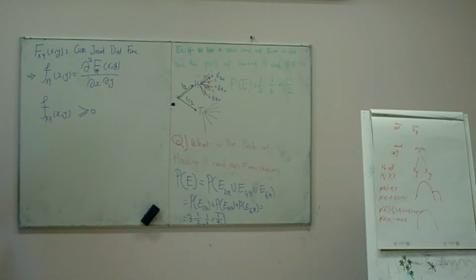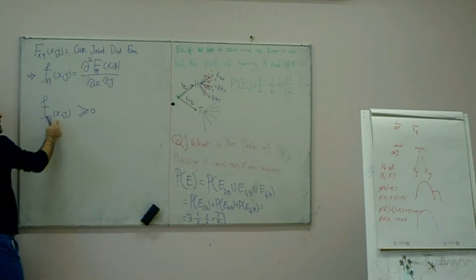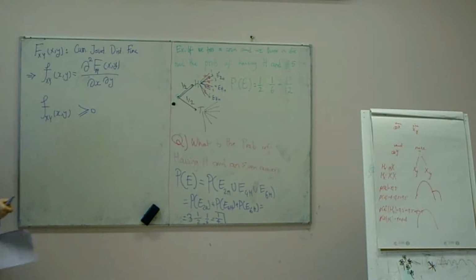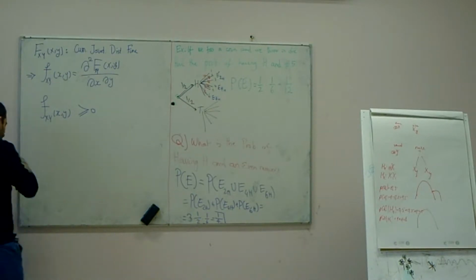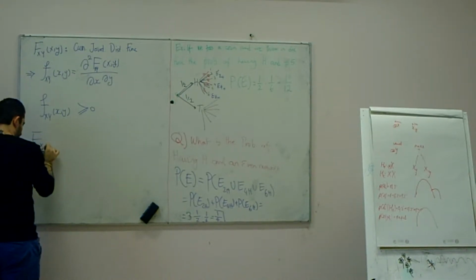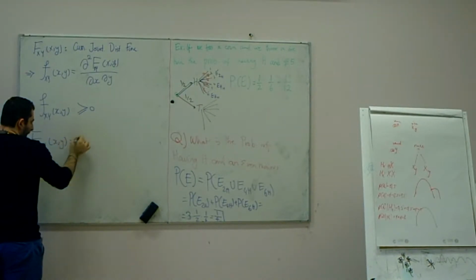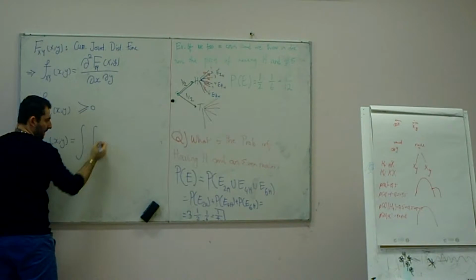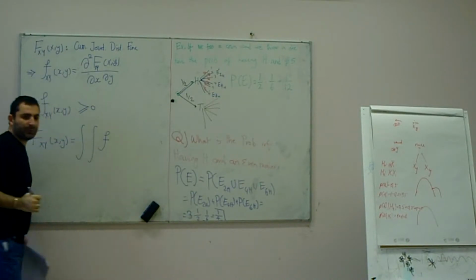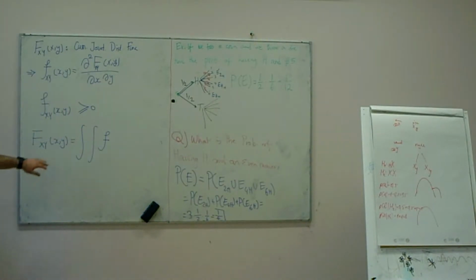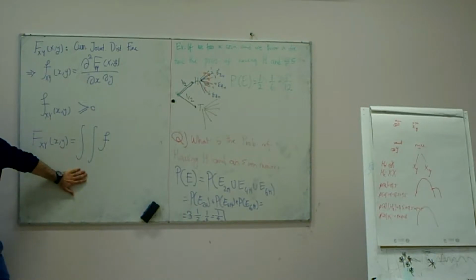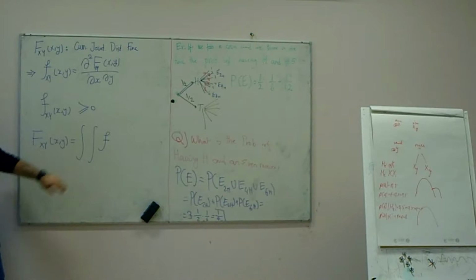Now, if I have f of x and y, how can I calculate the cumulative one? The double integral of f. Can you tell me what the limits are?